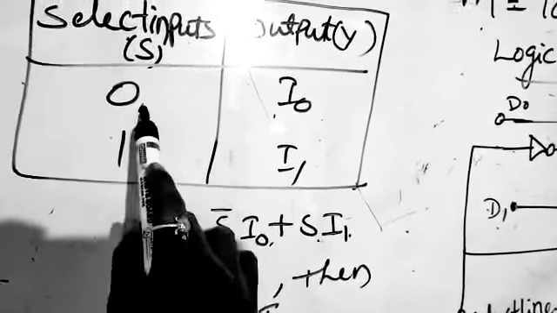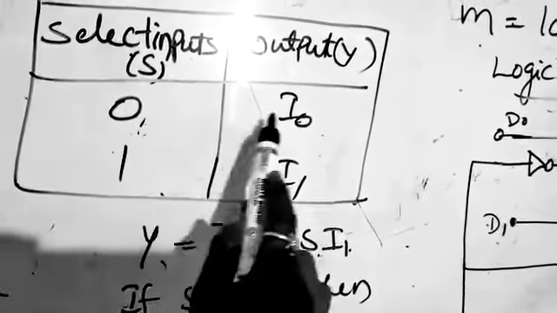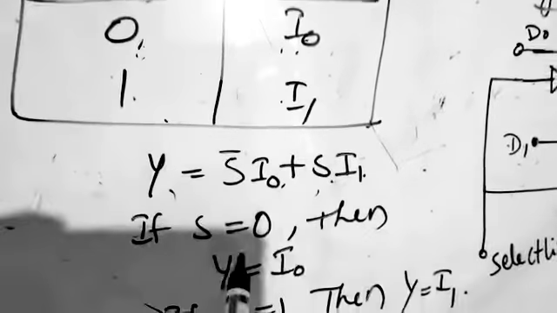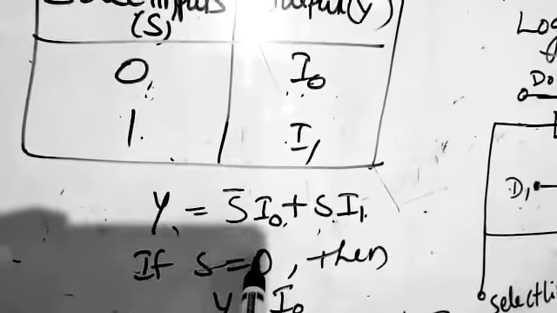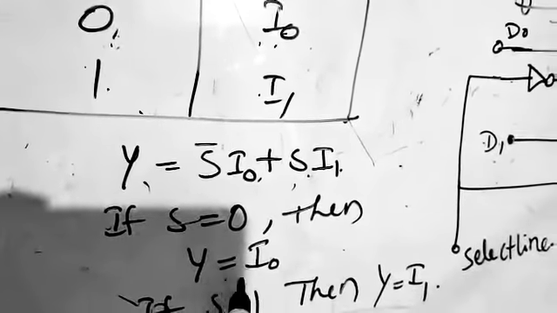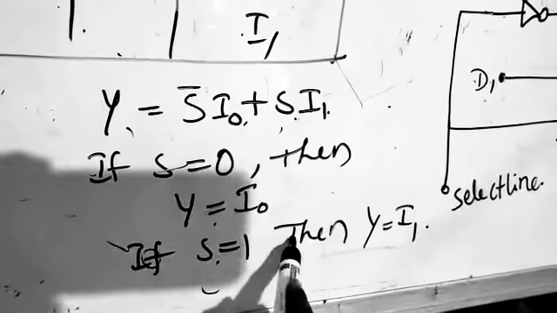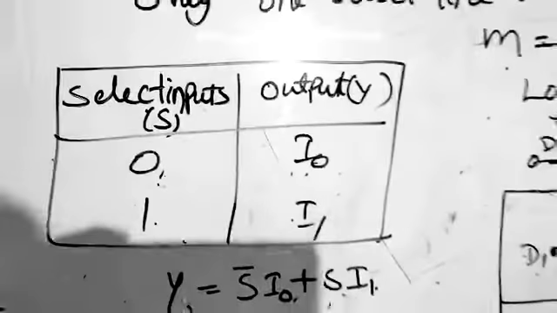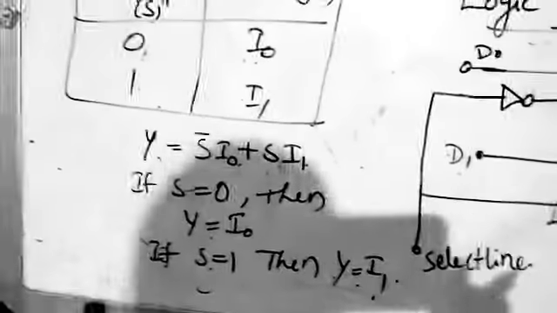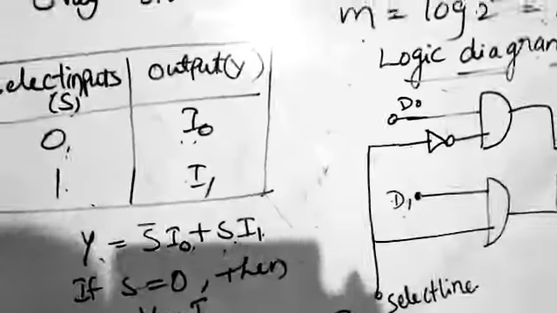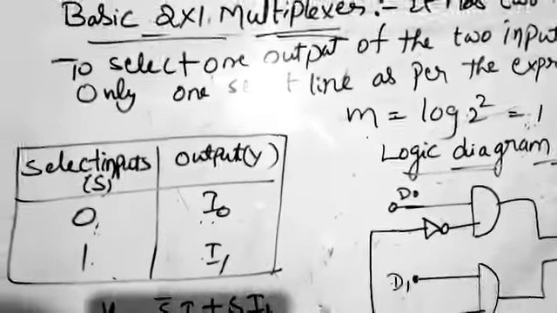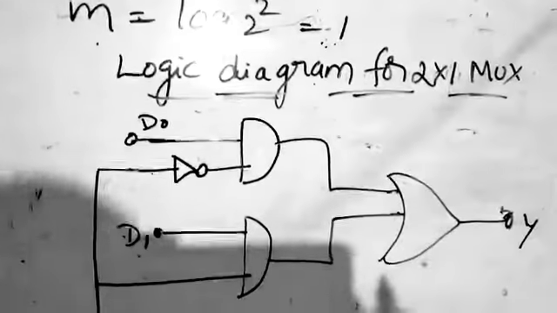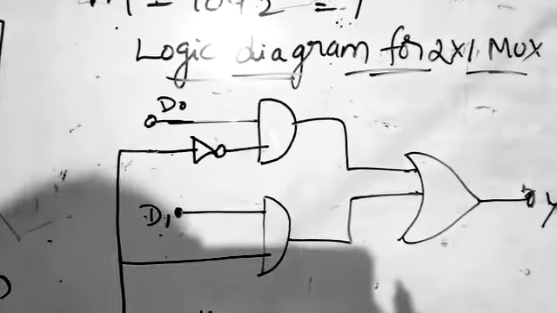If you consider S is equal to 0, then Y is equal to I0. If you consider S is equal to 1, then Y is equal to I1. So this is the truth table and expression for the 2 into 1 multiplexer.